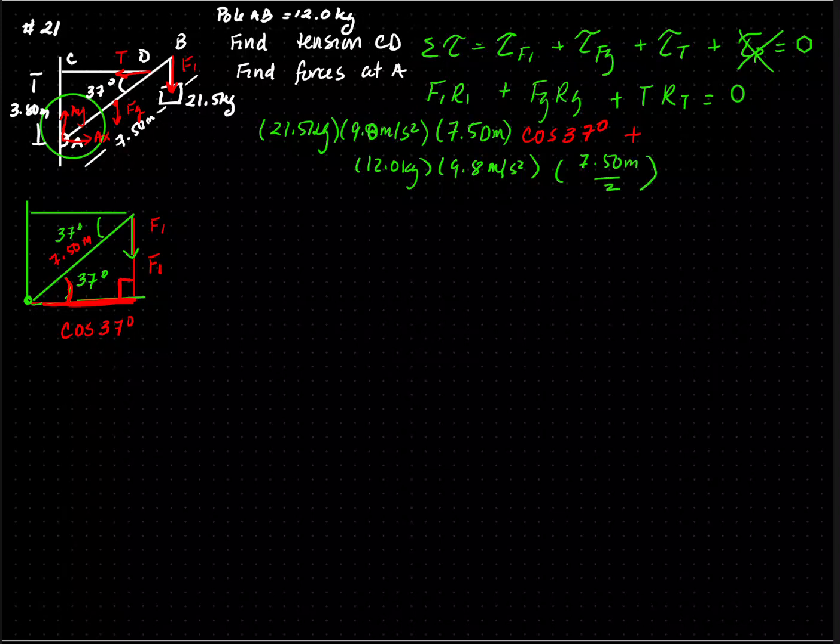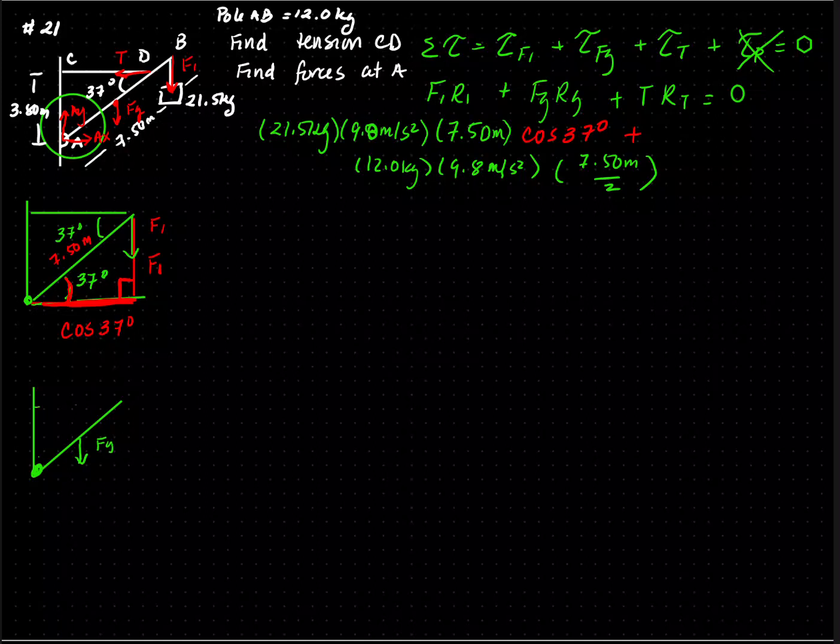And again, my force and my lever arm are not perpendicular, so I need to redraw my picture. So that's my lever arm. This is my pivot. My weight of the bar is halfway down, FG.